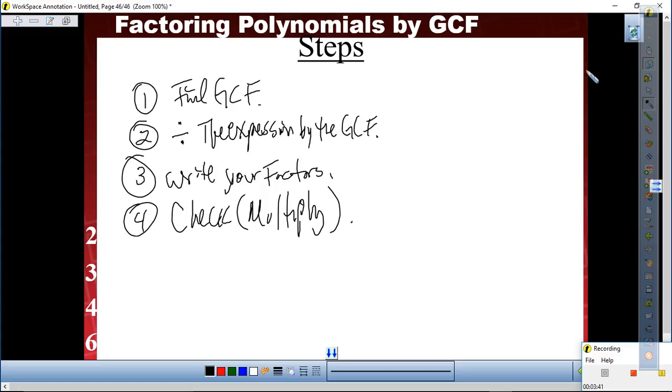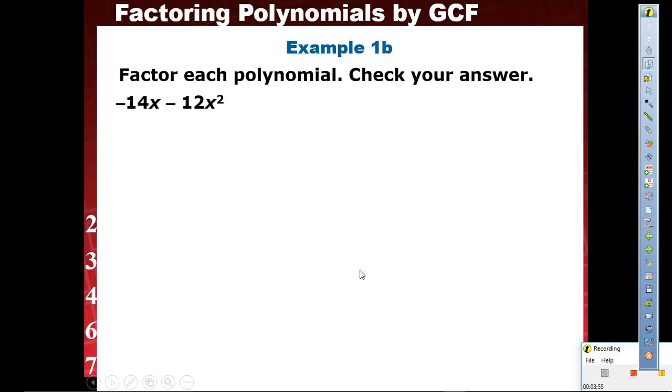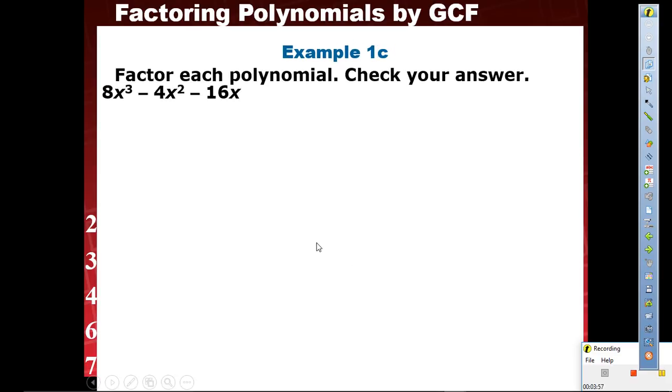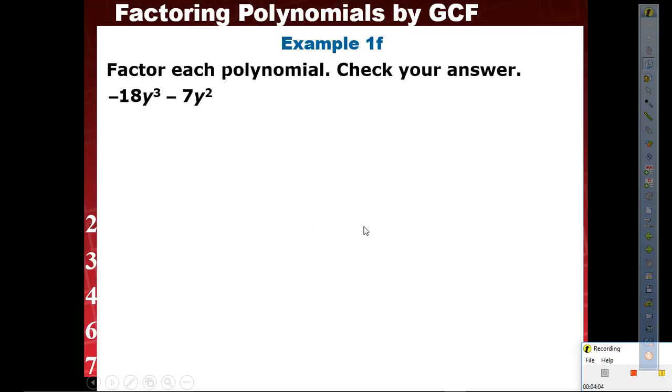Okay. So from there, I had you guys copy a couple terms just to clarify as I was going to be talking through the lesson. Then we did example 1A, 1B, 1C, 1D. We did a couple more. Then we did one of these.